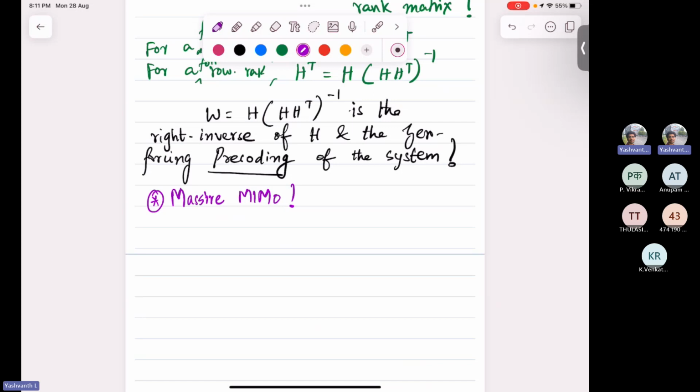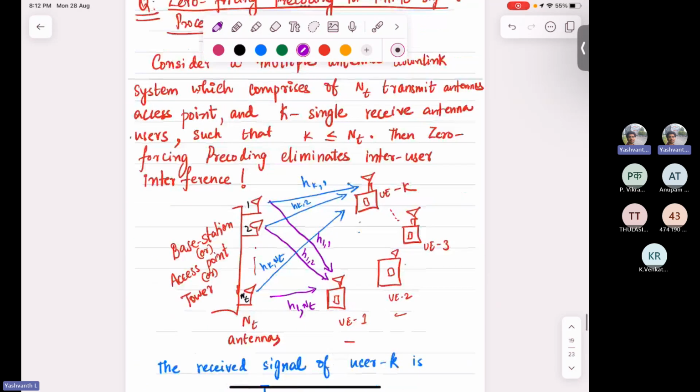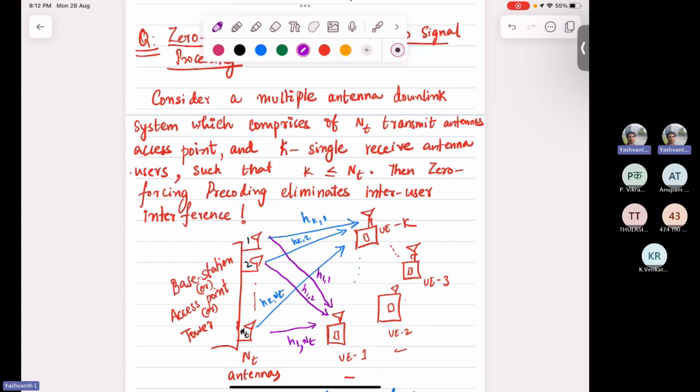In all these regimes, if you see this particular problem, I am saying simultaneously I'm serving all these K users. But in practice, that is not the case. In practice, at a given time instant, you may not serve all the users in the system. Maybe over a long time horizon, you may want to serve a large number of users. But at any given point in time, let's say I fix a particular time slot, then it's not necessary that every user in that particular location will be talking over phone.